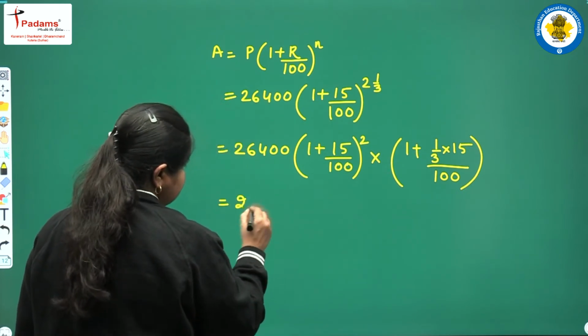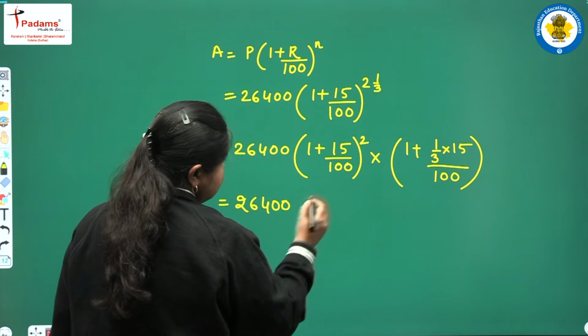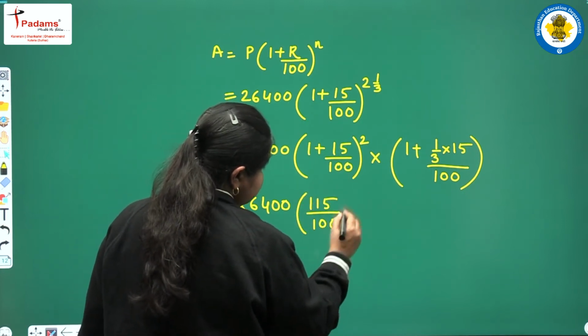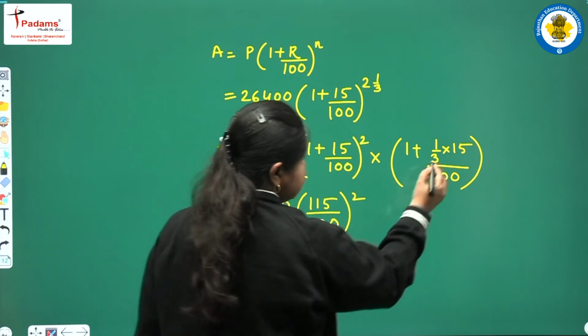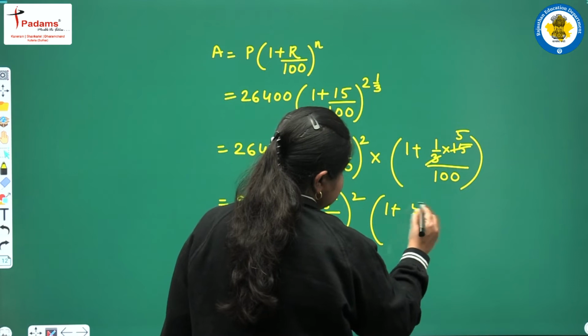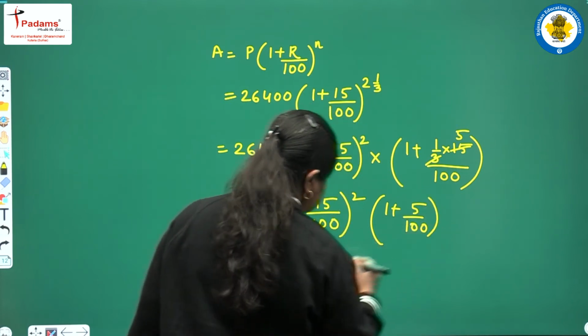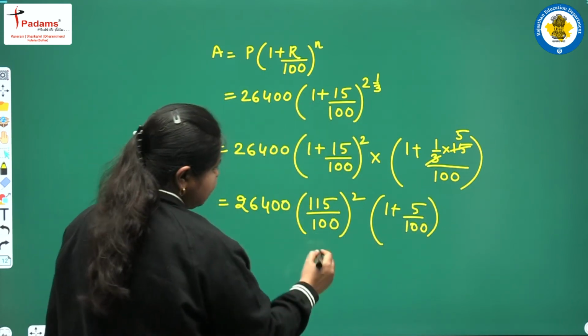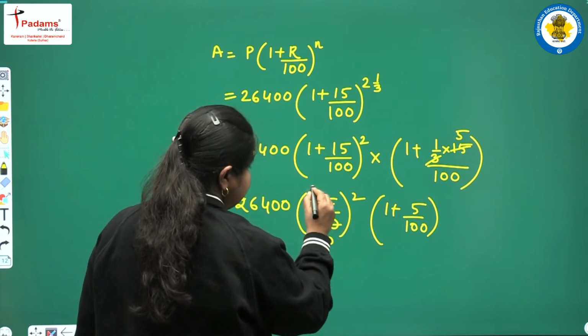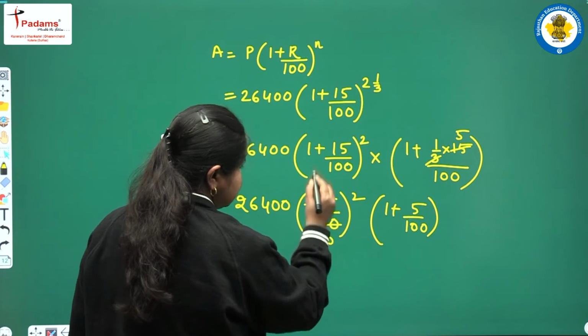This will give us 26,400. Here we can write directly 115 upon 100 raised to power 2 and here 3 5s are 15. This will be 1 plus 5 upon 100. Next we can cancel these two numbers also. अगर हम 5 से करें 5 2s are 10 and 0. 5 2s are 10, 15 है तो 3 times.